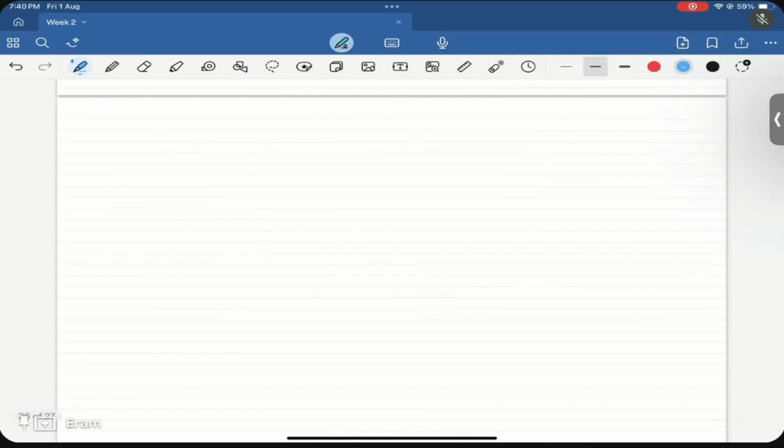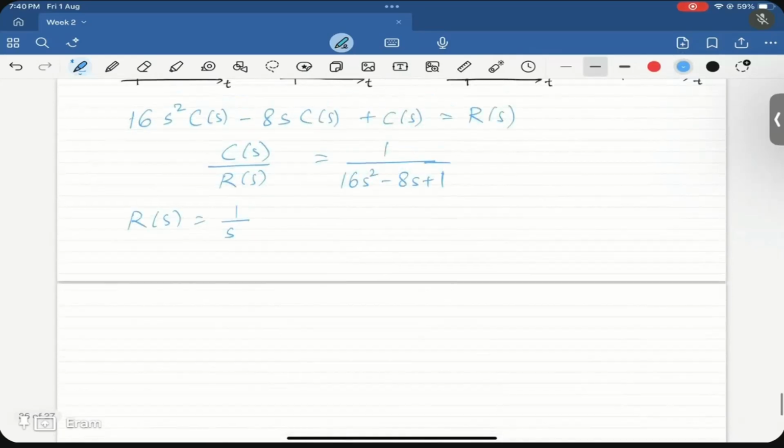So C of s will be equal to 1 by s into 16 s square minus 8s plus 1.